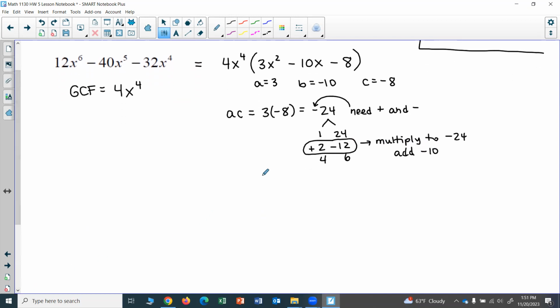Okay, so now I'm going to split the bx term. My GCF 4x to the 4th is just kind of out front. So I split the bx term.